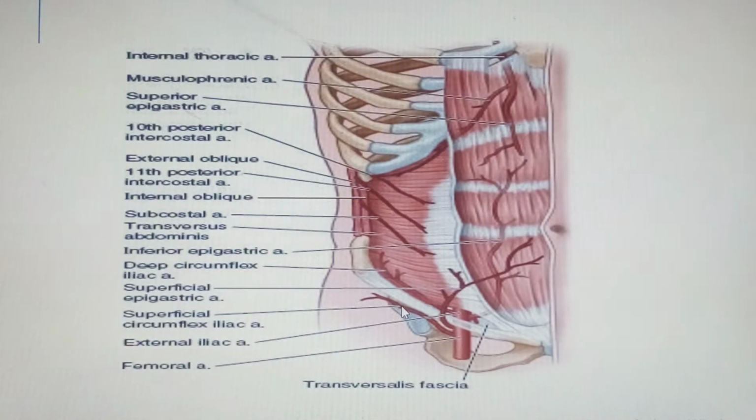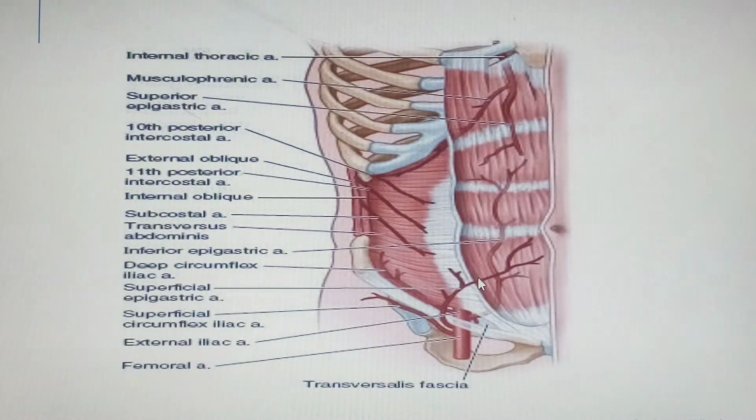What it means is that it's going to supply the superficial abdominal wall around the inguinal area, as well as the superior aspect of the thigh. Then there's also another artery running superficially on top of this inguinal ligament, and therefore we call this one the superficial epigastric artery.